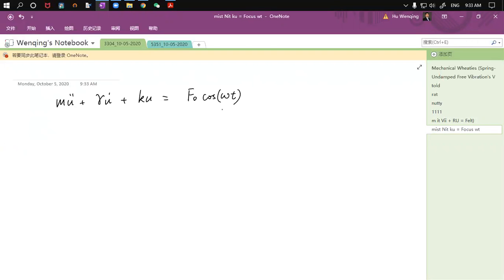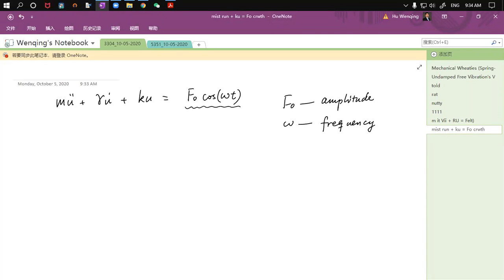So I'm going to consider an equation of this form. The external forcing is periodic, F0 is the amplitude of the external forcing, and omega is the frequency of the external force.